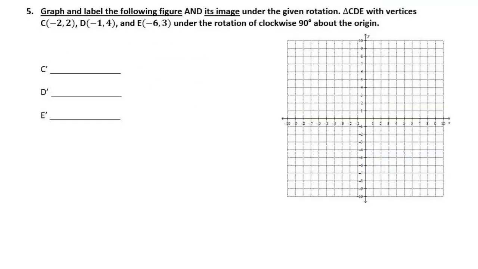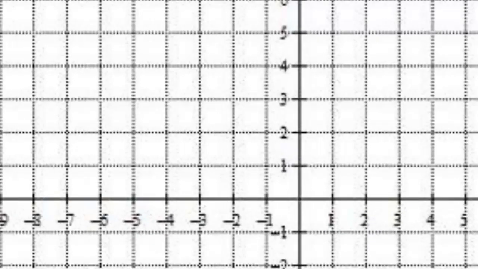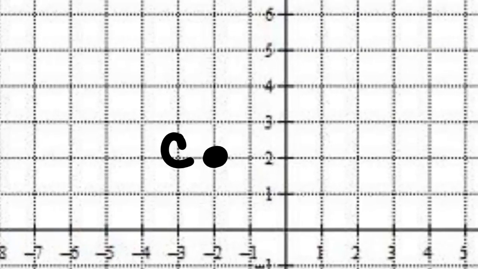Graph and label the following figure and its image under the given rotation. So first thing we're going to do is come in and graph these 3 points. So I have point C, which is negative 2, 2. I have point D, which is negative 1, 4.